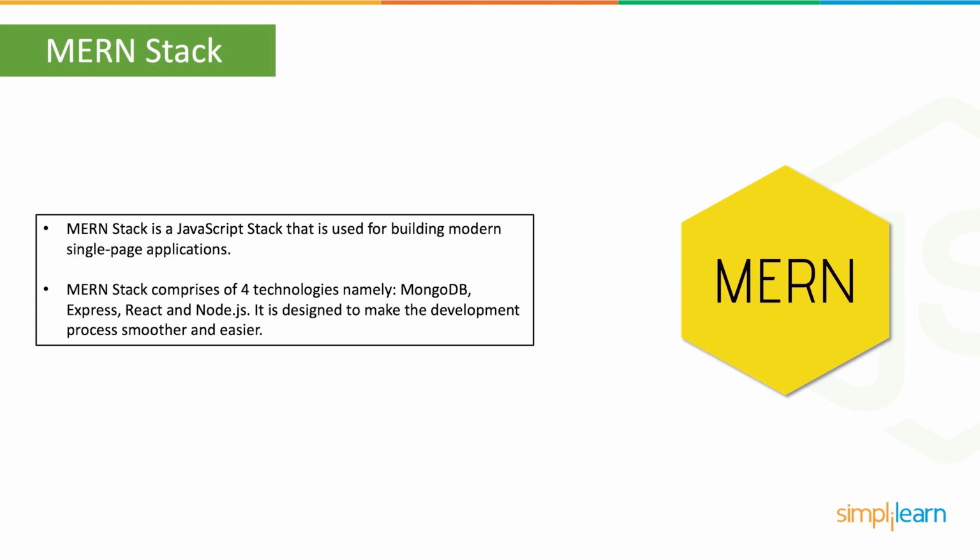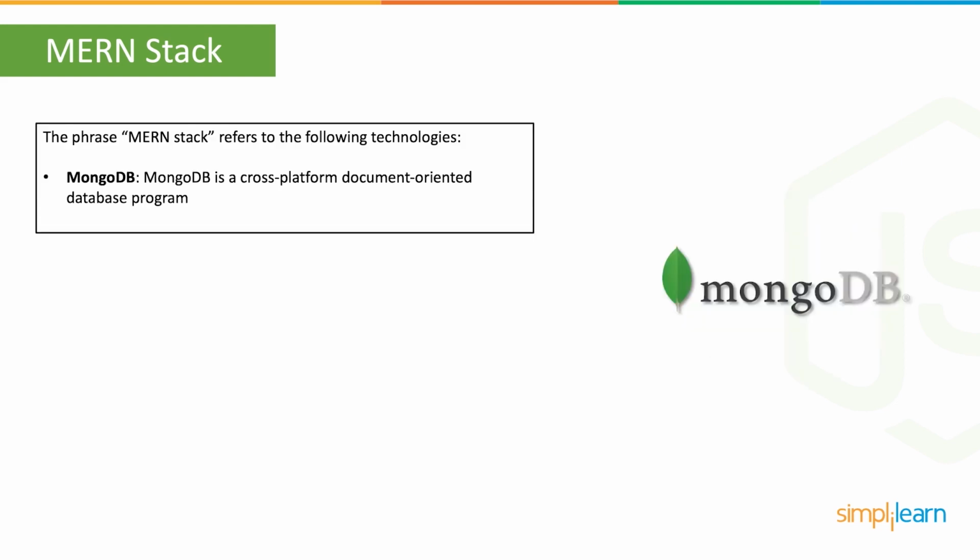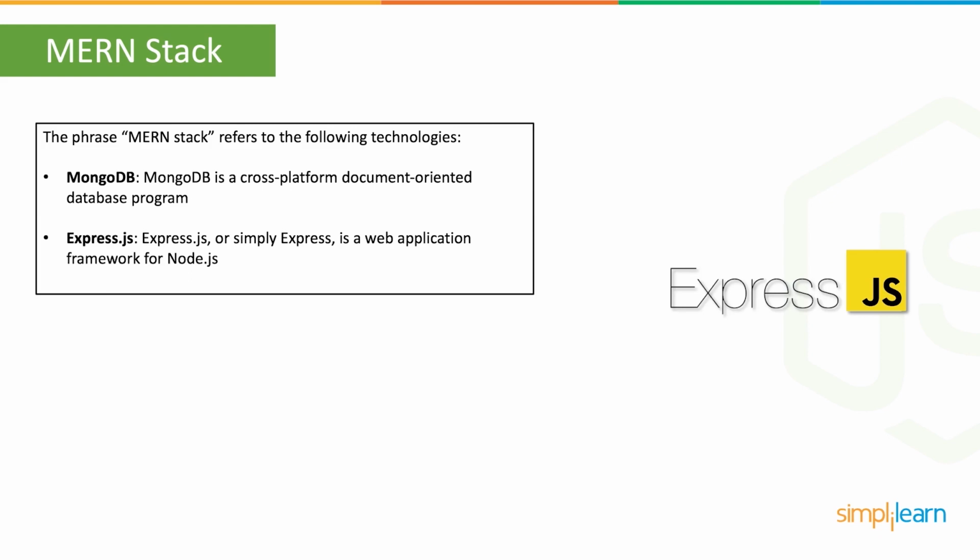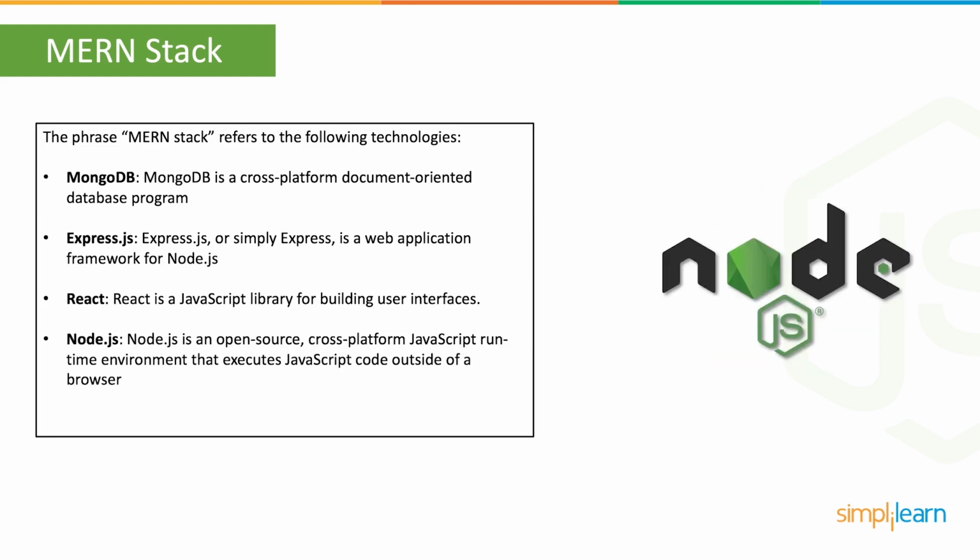There's MongoDB, which is your database; Express, which is your server-side HTTP environment; React, which is the solution for creating your solutions on the client; and Node.js, which manages the whole environment. It's designed to make it very easy to build out modern-day solutions. So MongoDB is the M in MERN, Express is the E, React is the R, and Node.js is the N.